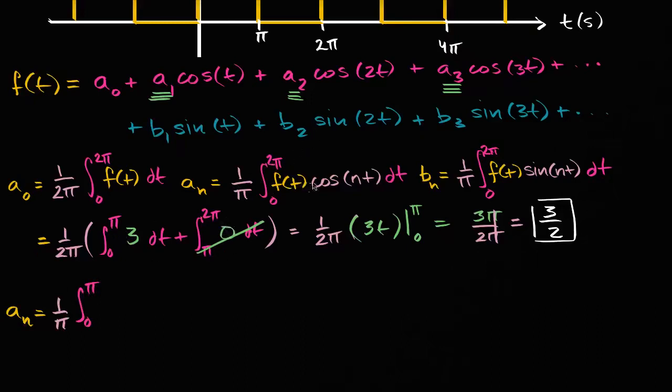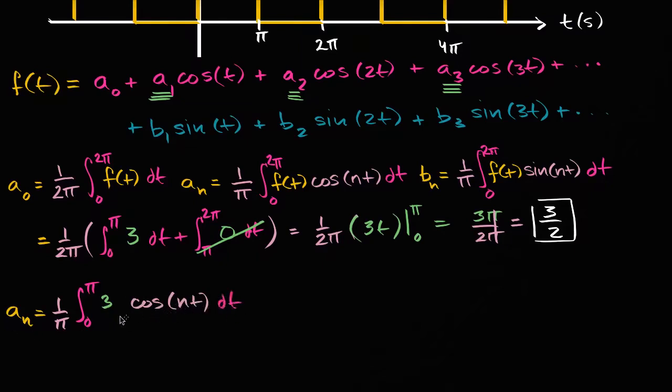It's going to be 0 times cosine nt, which is just going to be 0. So for this particular square wave, I can just worry about from 0 to pi. From 0 to pi, f of t is 3. So it's going to be 3 cosine nt, cosine nt dt.